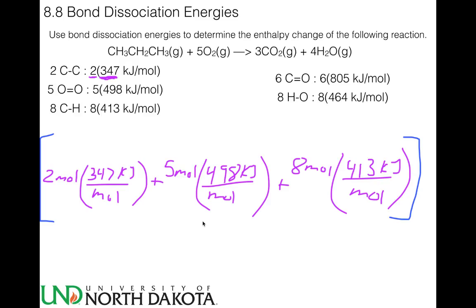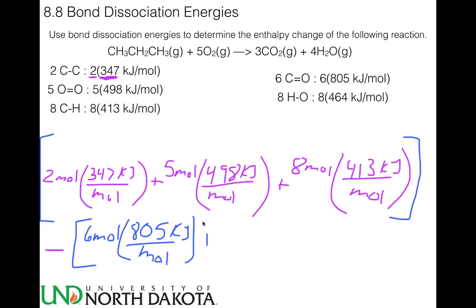And from this we want to subtract the sum of the bond dissociation energies of our products. We will do 6 moles of carbon-oxygen double bonds, so that's 6 moles times 805 kilojoules per mole.